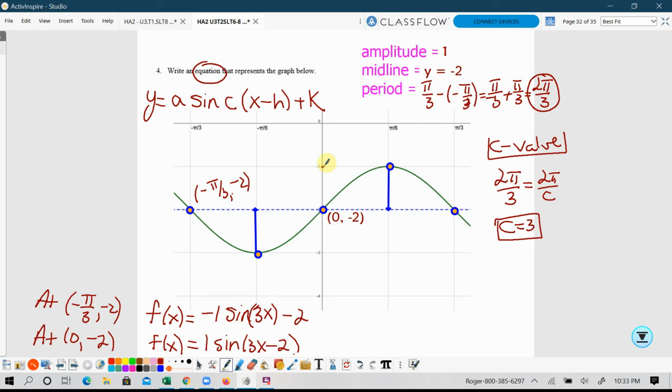The closest point to 0, negative 1 is this point right here, which is at pi over 6, negative 1. To get there, I had to move pi over 6 units to the right in a positive direction. That will represent my phase shift for a cosine curve, right? Because you see this is a maximum point, and the graph would just continue in that path and give me a cosine shape.